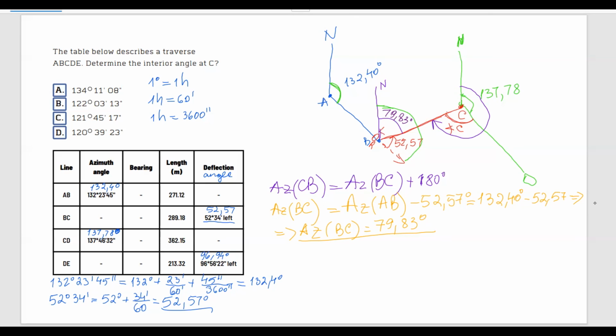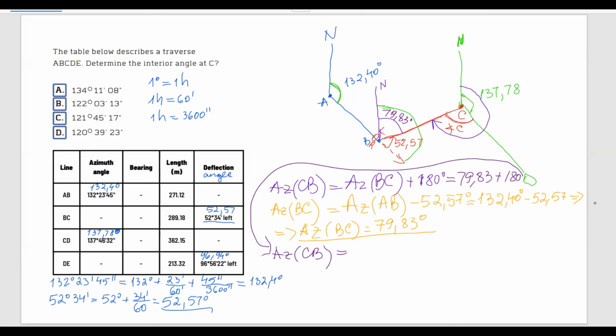We can come back here and take the azimuth of BC, which is 79.83 plus 180. I'm kind of squeezed over here, so I'm going to go back down here. Azimuth of CB is equal to, from here, I went straight back here.